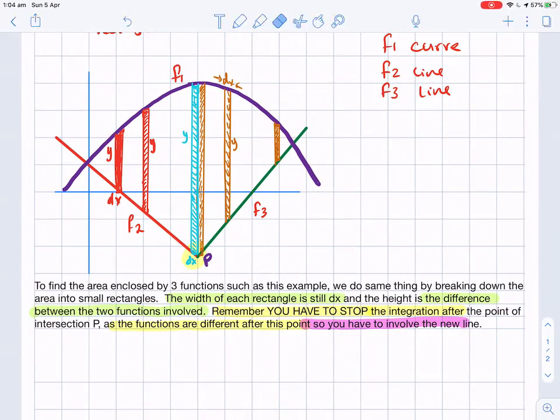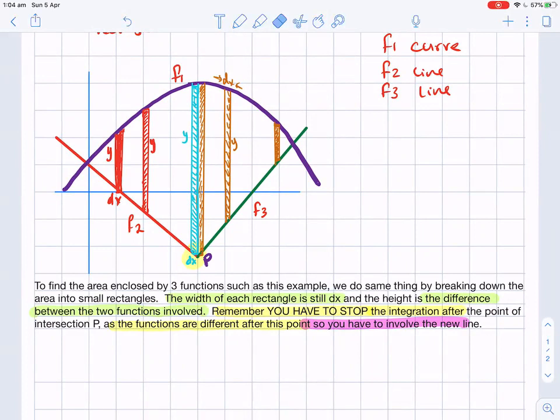And the width of each rectangle is still dx. I highlighted the things for you to read and understand. The width for each rectangle is still dx, and the height for each rectangle is going to be the difference between the two functions involved. So for this part on the left, which is the curve and the red line, these are the two functions involved.